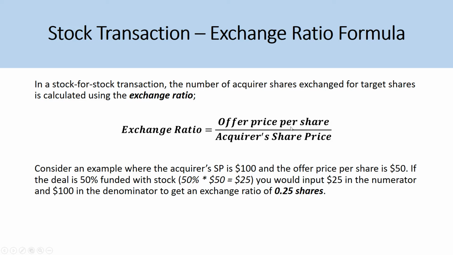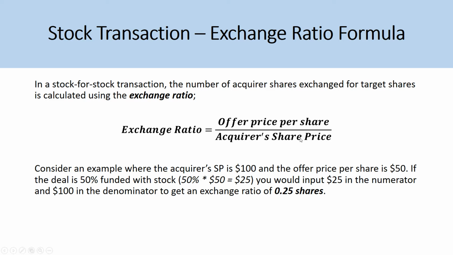But say, for example, it's financed 50% through stock. Well, then it's 50% of the total offer price, because 50% will be financed through cash and the remaining 50% will be financed through stock. So you put that 50% that is financed through stock. So really this is the component of the offer price that is financed through the stock currency, right? So consider an example where the acquirer share price is $100.